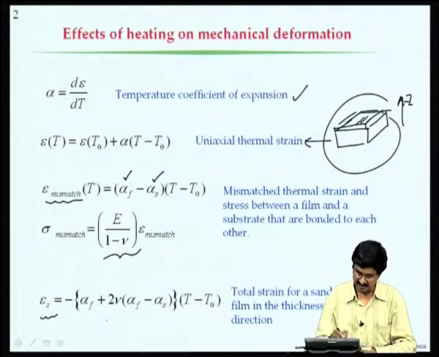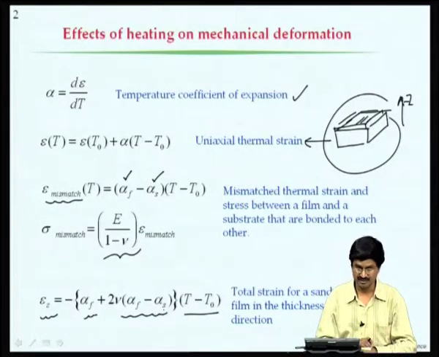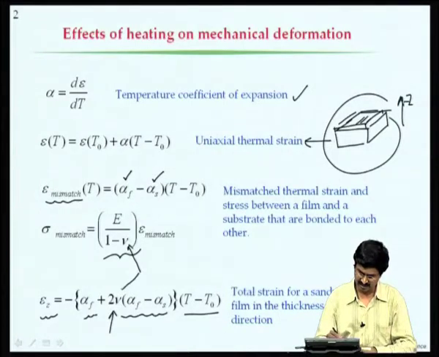The strain there is given by alpha f times, of course, temperature difference, but also the Poisson effect coupled with this mismatch strain, and because of x and y there is a factor of 2, and nu is the Poisson's ratio, the same nu that occurs here and here.